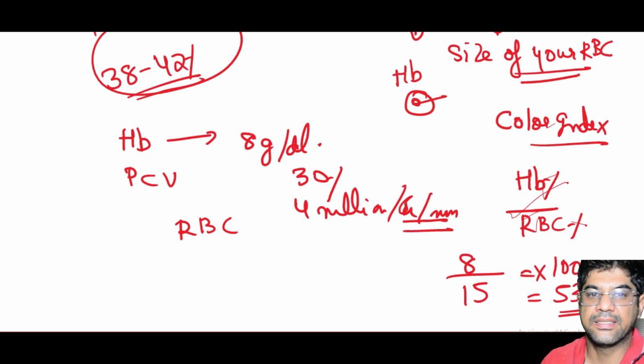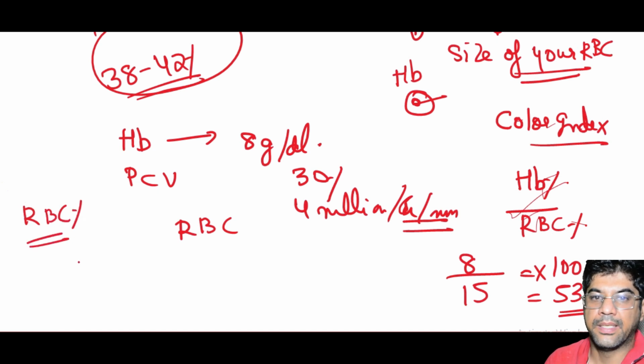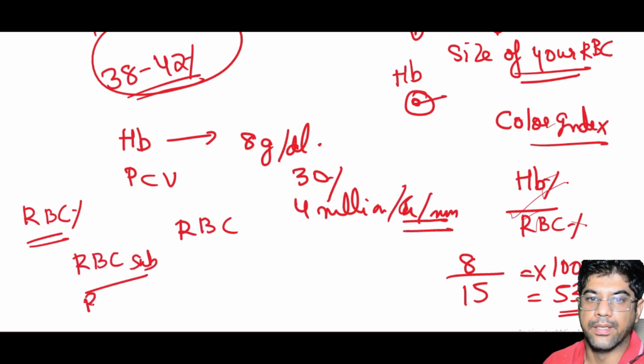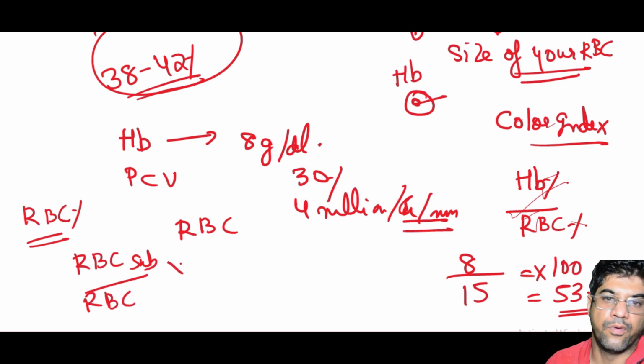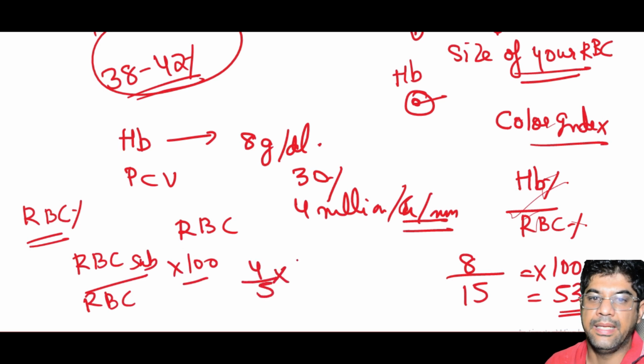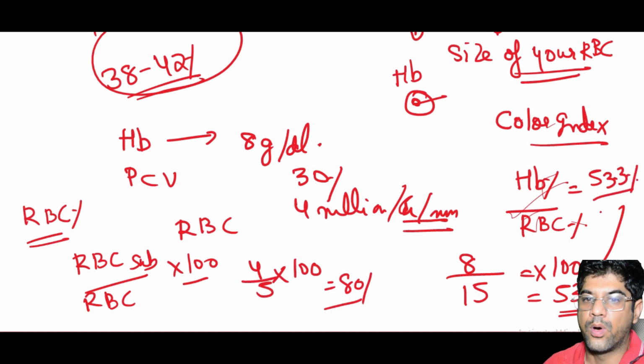And RBC percentage can be calculated by RBC count in the subject to the RBC count in the normal person into 100. So that means 4 million divided by 5 million per cubic mm into 100 is 80%. So color index is this 53.3% divided by 80% is equal to 0.67.